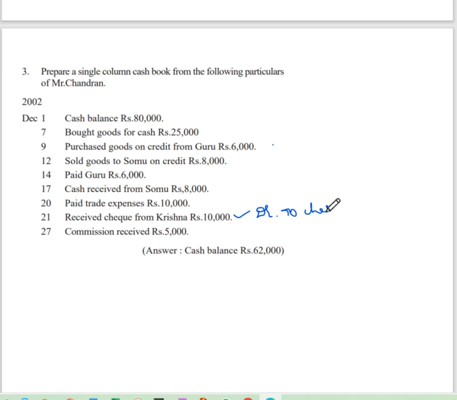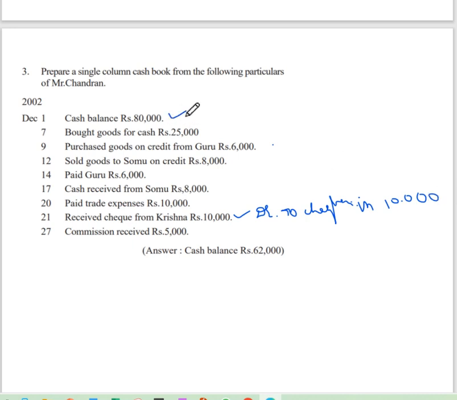In bracket, you can write check received from Krishna, 10,000 rupees. All other transactions are simple, which you can solve by yourself.